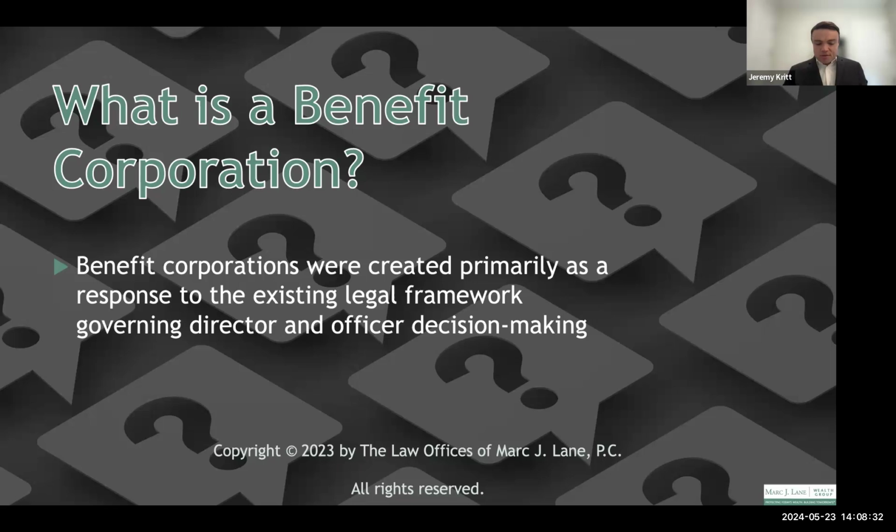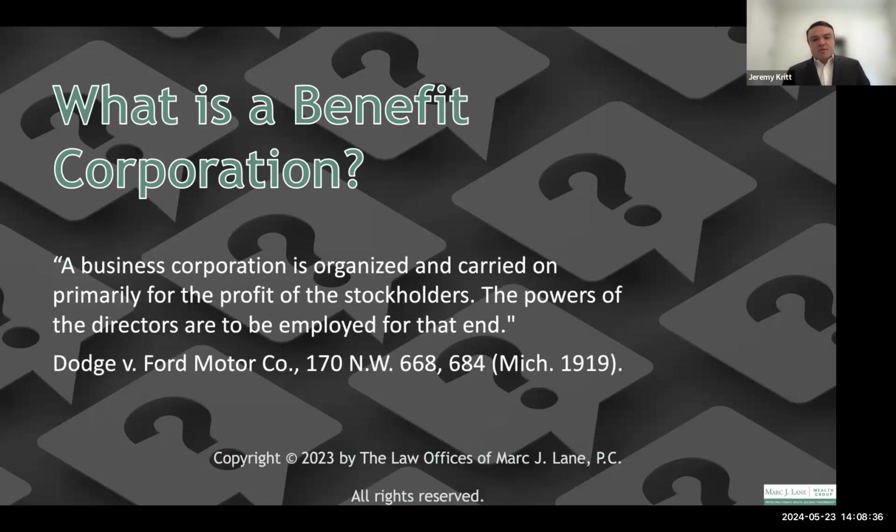So then what are the best interests of the corporation? Well, here you have a very famous quote and case in the corporate law arena here up on the screen. It says, a business corporation is organized and carried on primarily for the profit of stockholders. The powers of the directors are to be employed for that end.